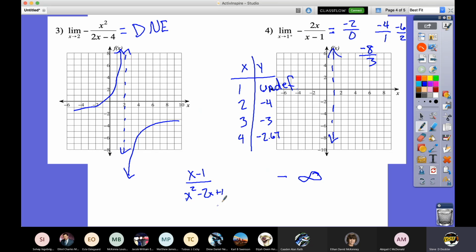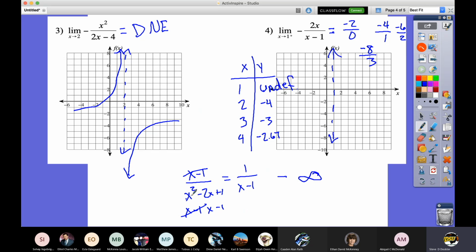But your next step should be, I need to factor this, see if I can simplify this at all. And this would be x minus 1, x minus 1, and then those would cancel out. And you're still going to get a graph that looks like what we're doing today, but not always. This one, you definitely would.